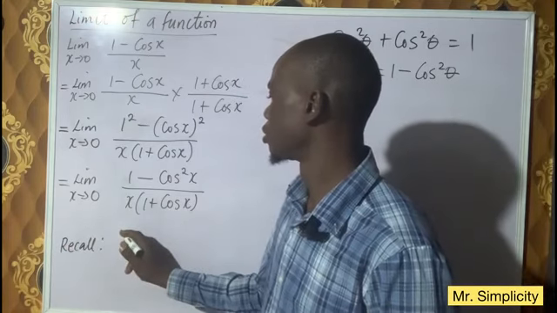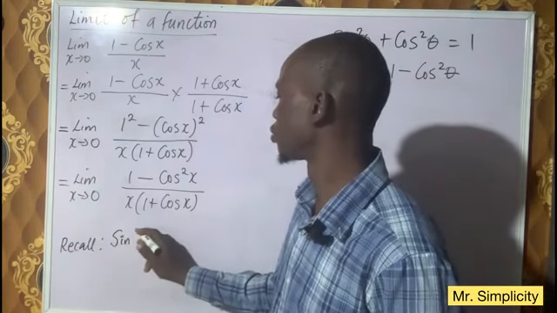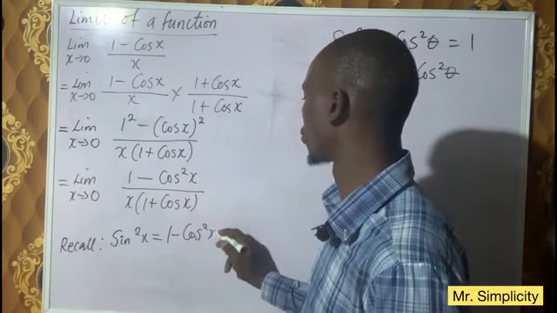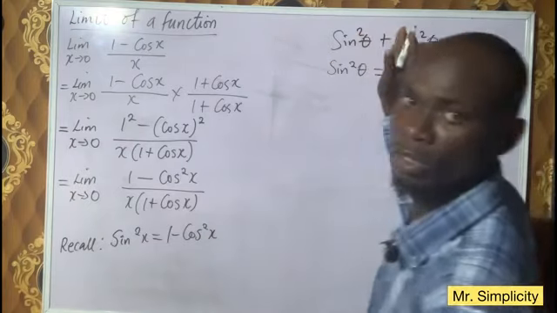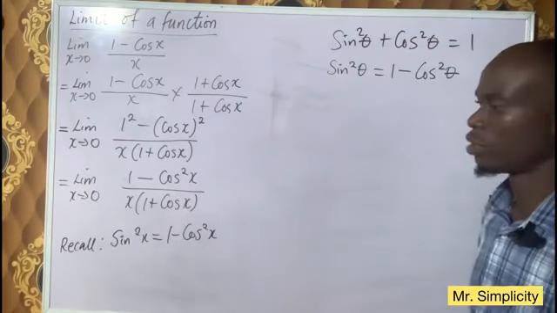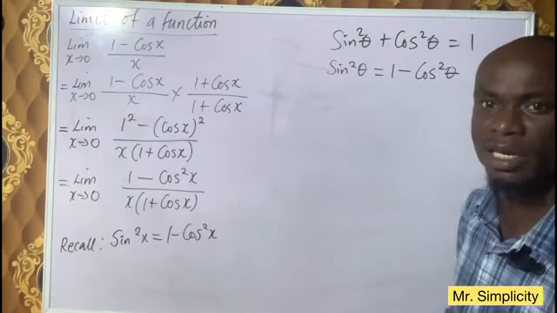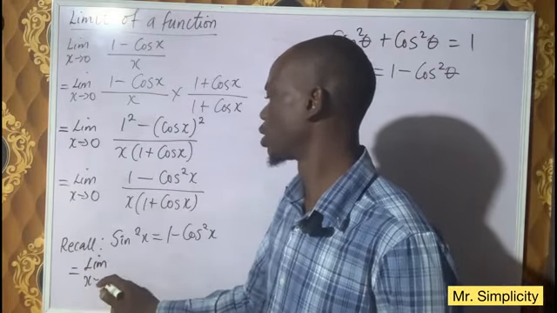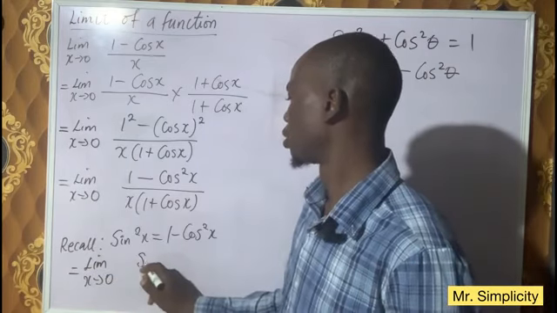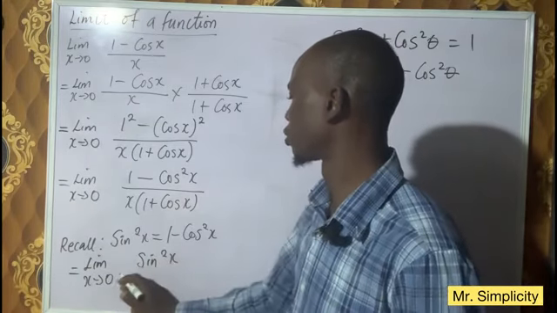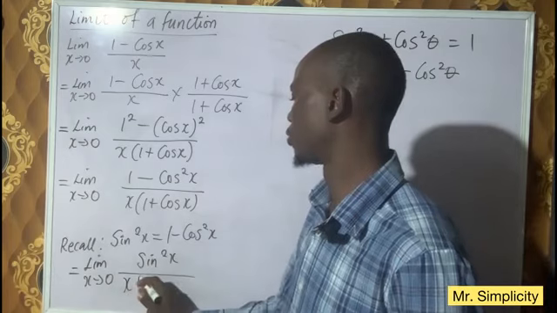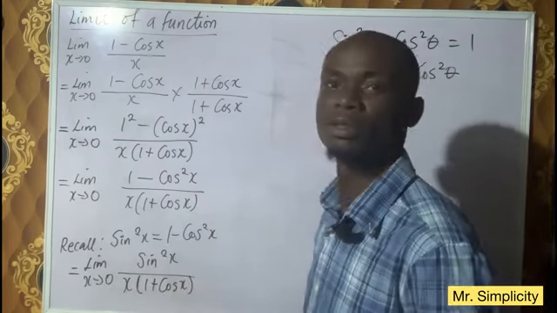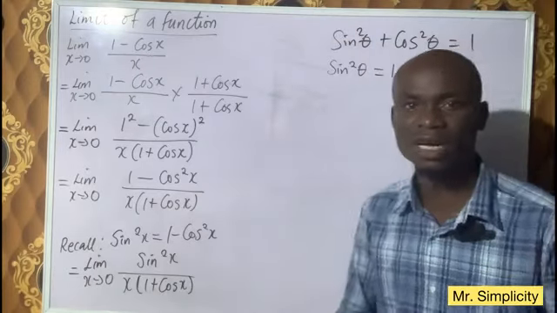Sine square x can replace 1 minus cos square x from what we have proven here. When I rewrite this again, it becomes limit as x tends to 0, sine square x over x times (1 plus cos x). So this is what we have at this point.